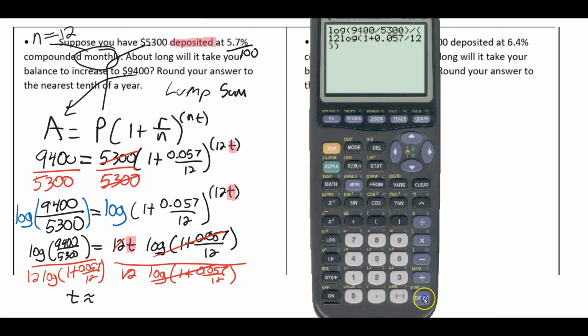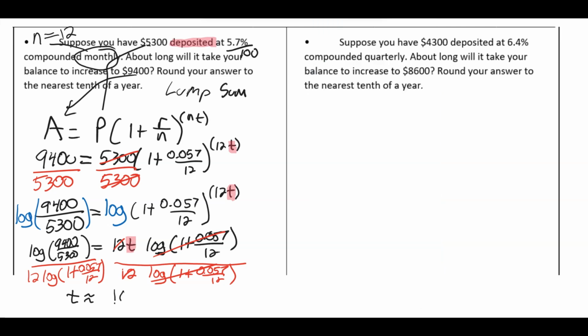So we type this in, and now we want to approximate this. Round your answer to the nearest tenth of a year. So that would be 10.1 years. And that would be approximately how long it would take.